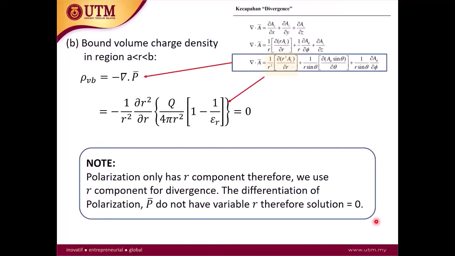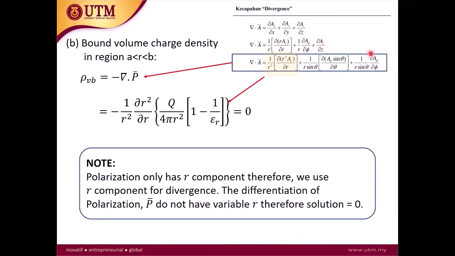Next, the bound volume charge density between A and B. The rho VB is equal to negative divergence of P. This is the spherical coordinate, so we have to refer to the table of divergence.